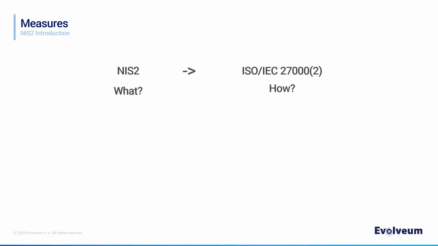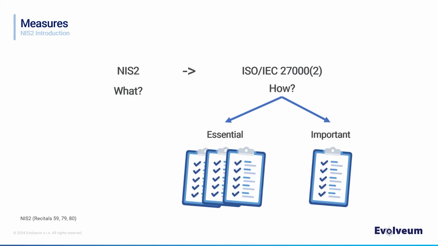There are several controls to implement incident handling. And since this ISO is mentioned in the directive, it will probably be used as inspiration for national transpositions of NIS2. And there will be two lists, one for important entities, which will be a little bit shorter, and one for essential entities.